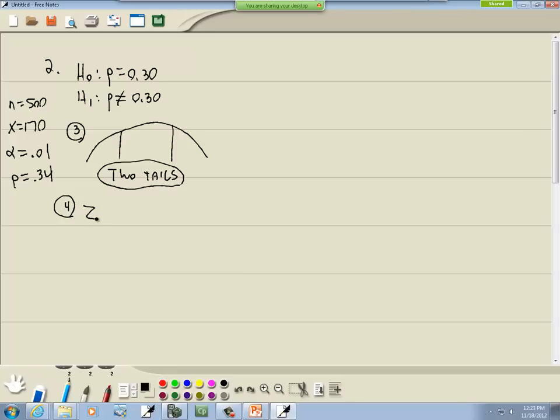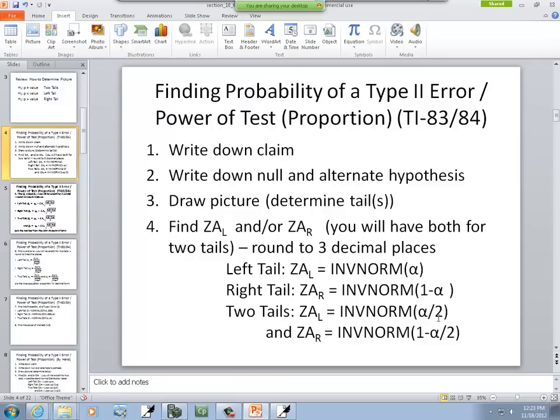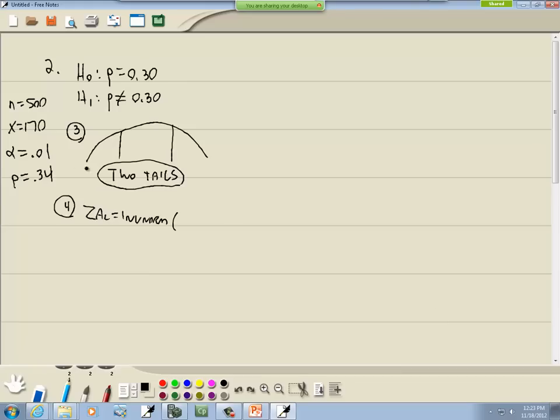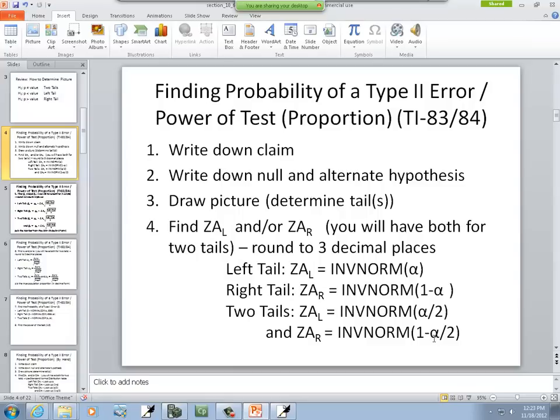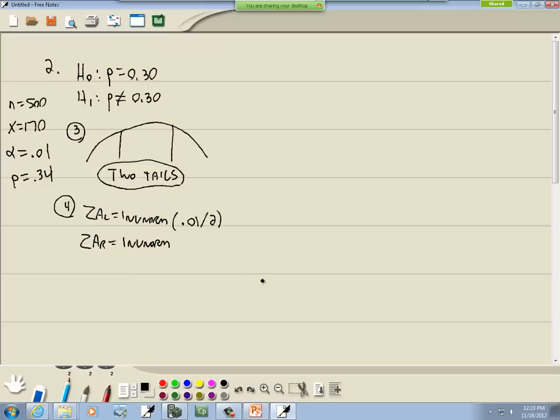Well, ZA sub L is going to equal INV norm of alpha divided by 2. Alpha was 1%, divided by 2. And ZA sub R is going to equal INV norm of 1 minus alpha divided by 2. It's 1 minus 0.01 divided by 2.